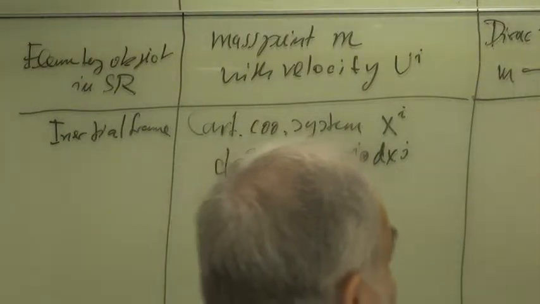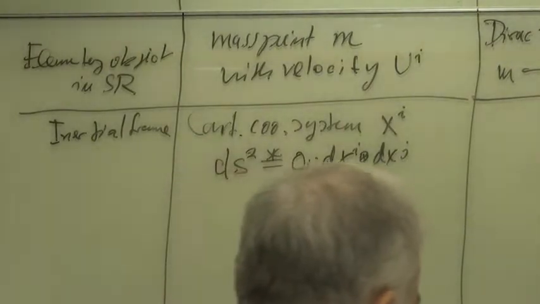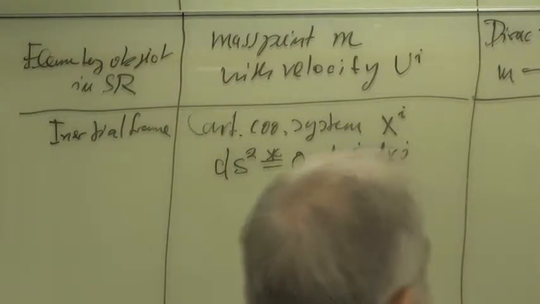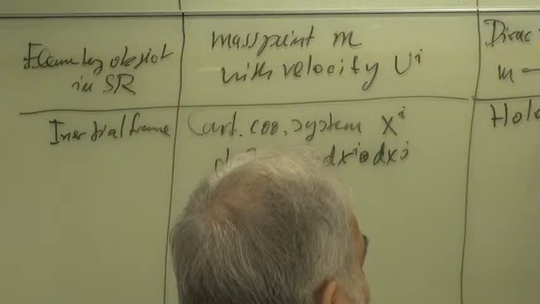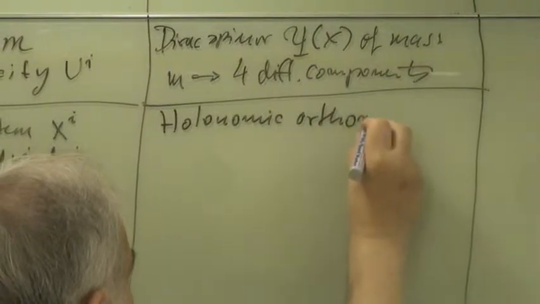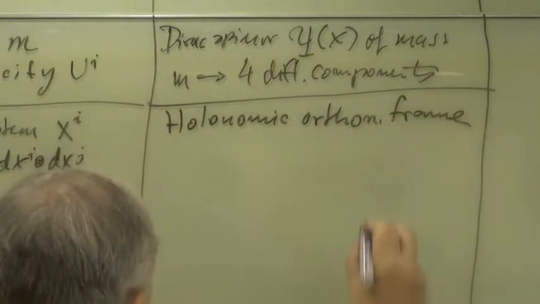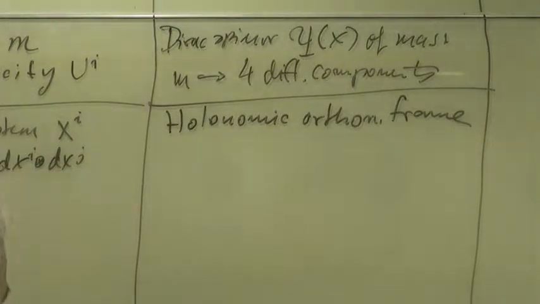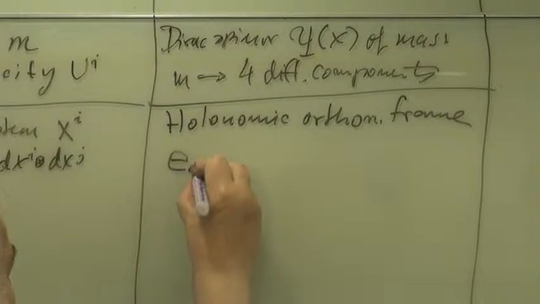Now, for a Dirac spinor, we need a frame, but in special relativity it's sufficient to have a holonomic orthonormal frame. So this is e_alpha, the frame.